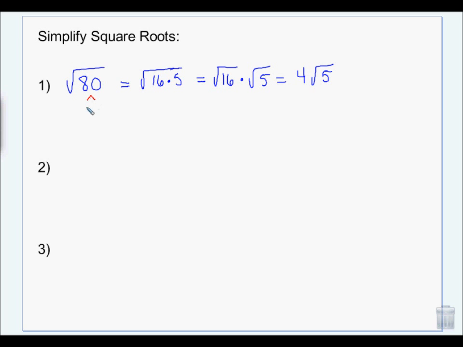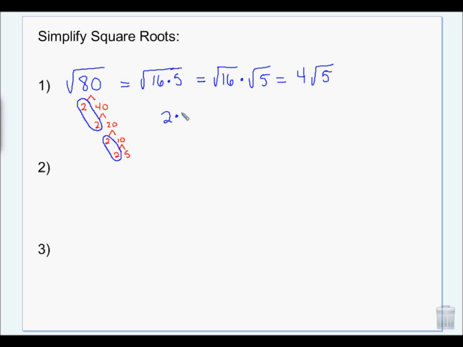The second method we can use is factor trees. 80 is 2 times 40, and 40 is 2 times 20, and 20 is 2 times 10, and 10 is 2 times 5. Okay, that's completely factored. Then what I do, every time I have a pair that matches, I take one of them.